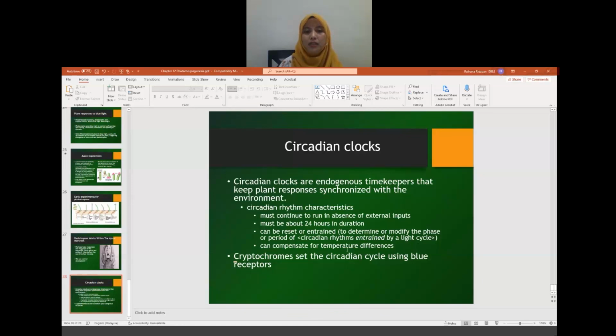They can compensate for temperature differences. Again, the ones that set this circadian cycle are blue receptors, the cryptochromes. All right, I guess that's all for today's lecture.